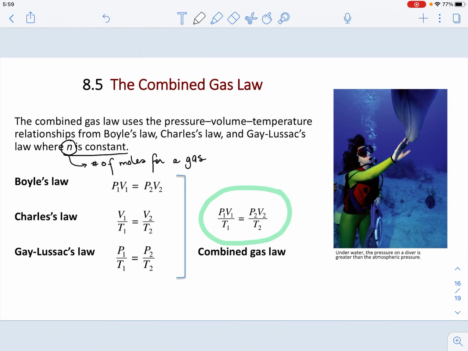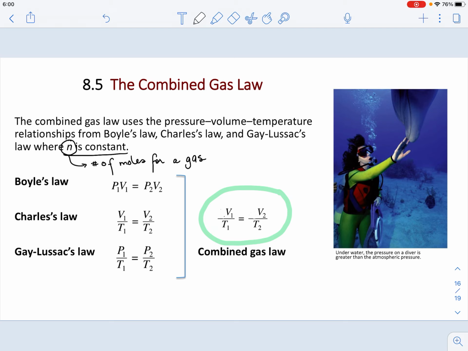So remember, for Boyle's law, because you're looking at pressure and volume, and temperature is constant, if you say, okay, my temperature is constant, oh, there you go. I have the equation for Boyle's law. When it comes to Charles' law, because pressure and number of moles are constant, it's kind of like you're blocking out the pressure.